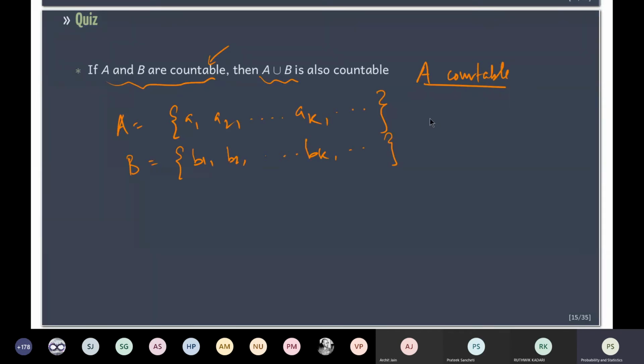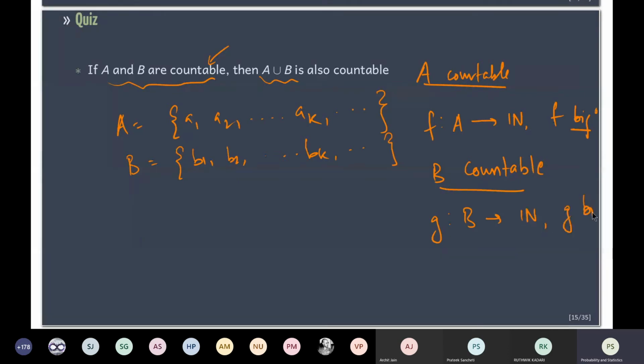A is countable, so this means that I may have a function f from A to the natural numbers, and f is bijective. And B is countable, so this implies that there exists a function g from B to the set of natural numbers, and g is bijective, obviously.